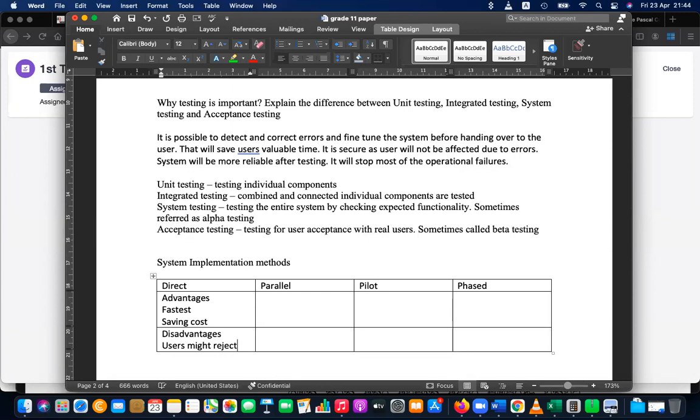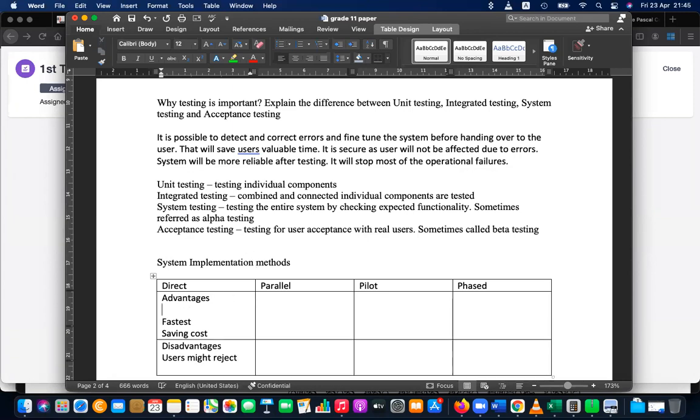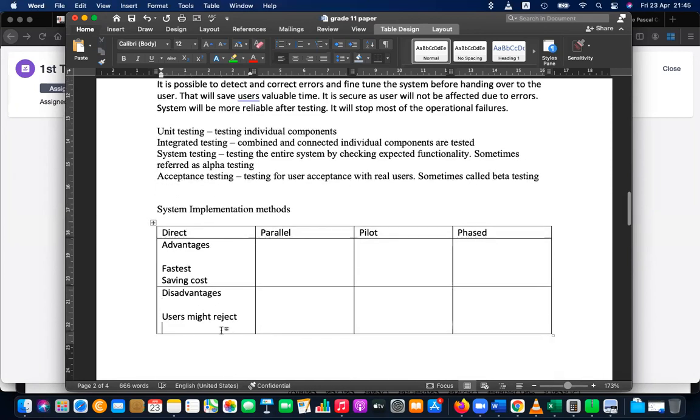I heard that in a garment factory they wanted to implement a new system. They removed the old system and started the new system. But the people were not technical, so they didn't like the new system and were really upset, and the efficiency came down. They rejected the system. So users might reject it.